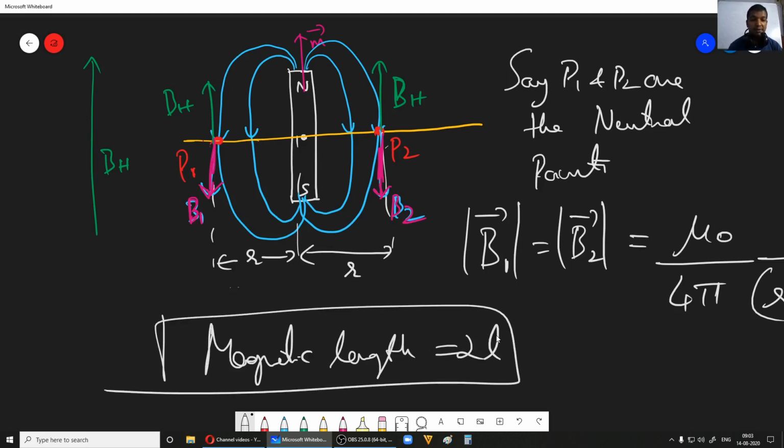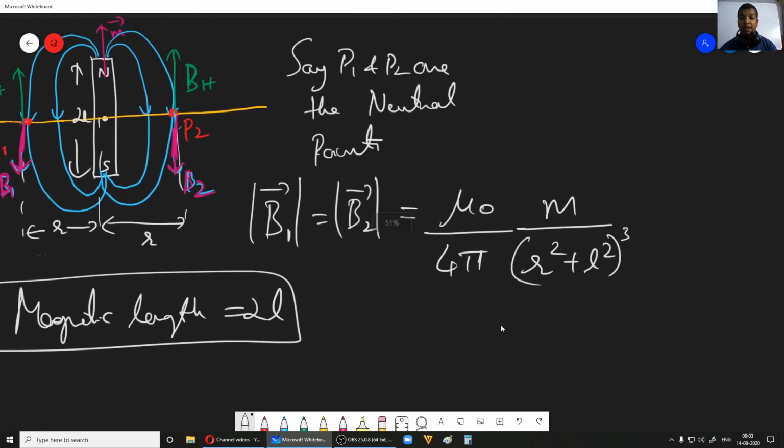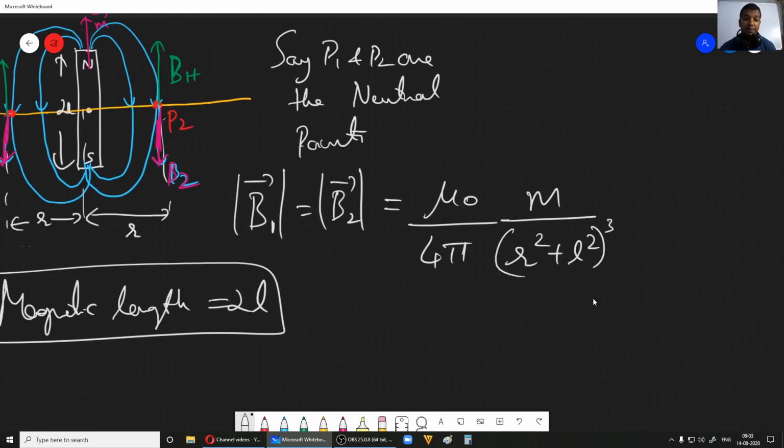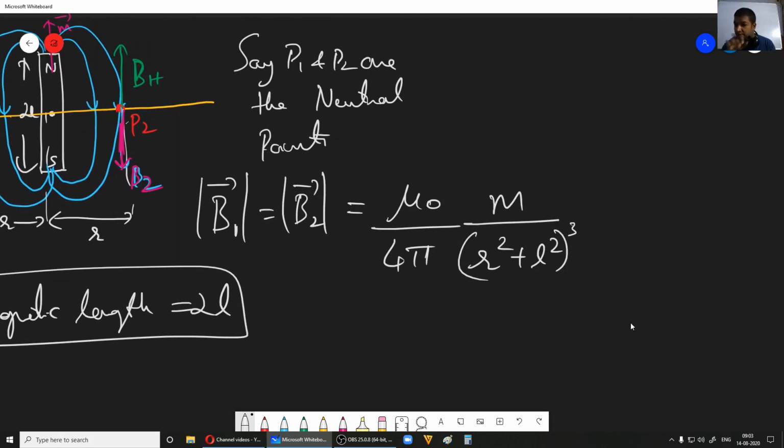Remember this, this distance is actually 2l. I hope the diagram is clear. So mu naught divided by 4 pi times m divided by r square plus l square, whole to the power 3 by 2.